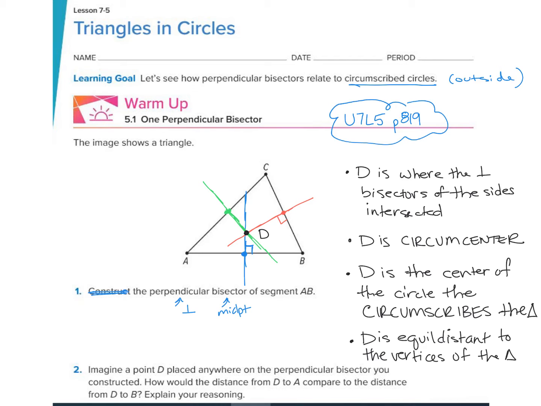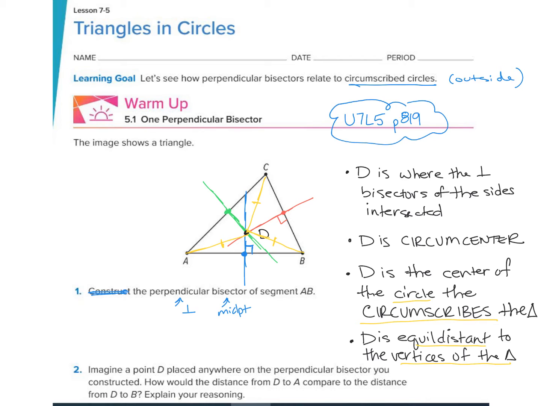So let's connect D to A. Let's connect D to C. And let's connect D to B. Those are all the same. Those are the yellow lines I drew, and they're all equal distance. So let's put a tick mark in DC and DB and DA because those are all congruent distances. That's the radius of the circle that circumscribes the triangle we talked about in the third bullet point.